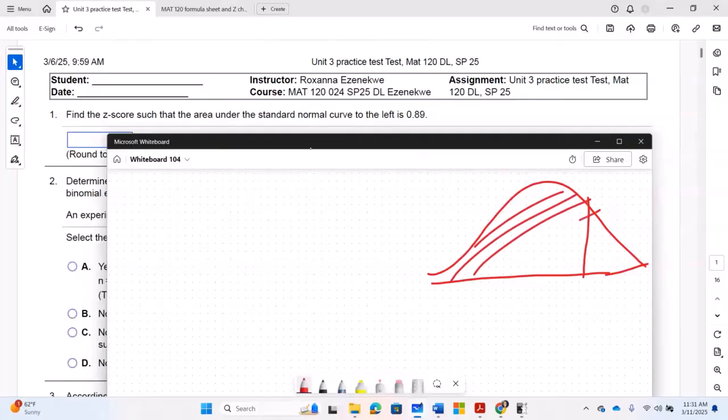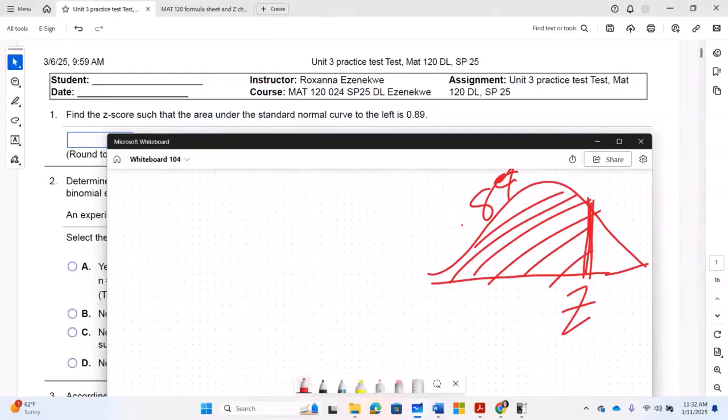So 0.89 is this region, area to the left of a normal curve. And the question is, find the z-value corresponding to this boundary line.